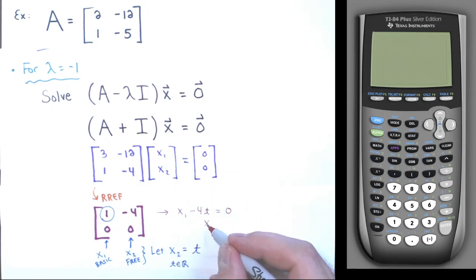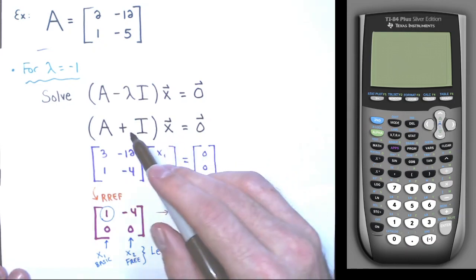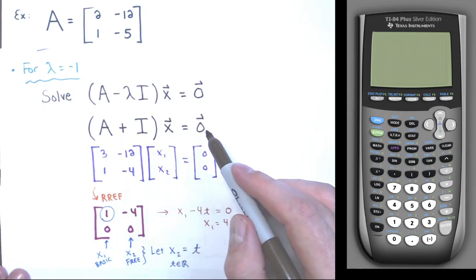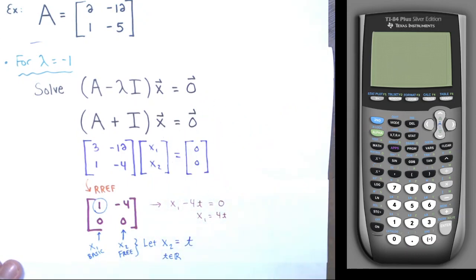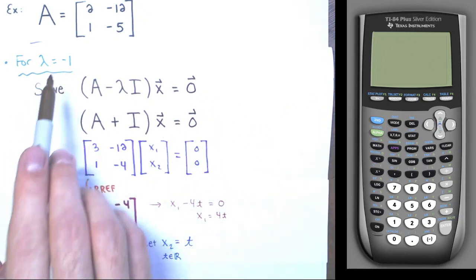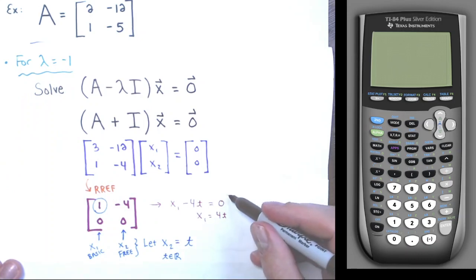So the value of x1 must be 4 times t. Putting these together, we can state the solutions to the equation A plus I times x equals 0. Once I have the solutions to this equation, I have the eigenspace for lambda equals negative 1.